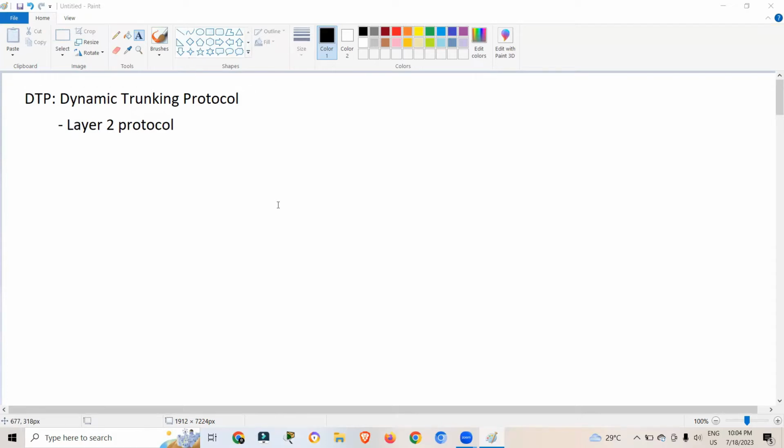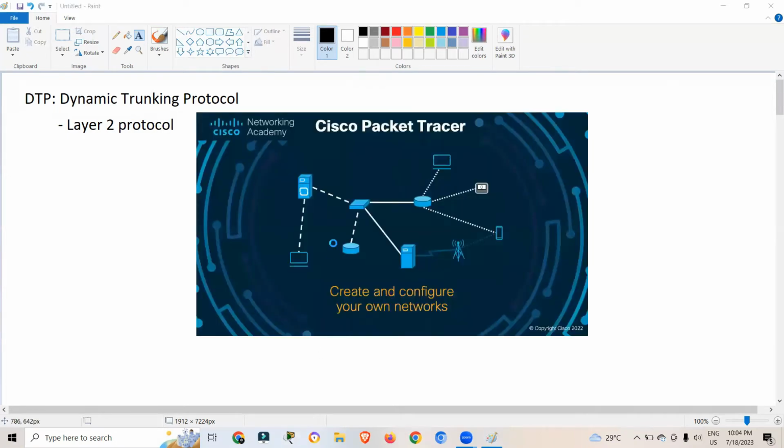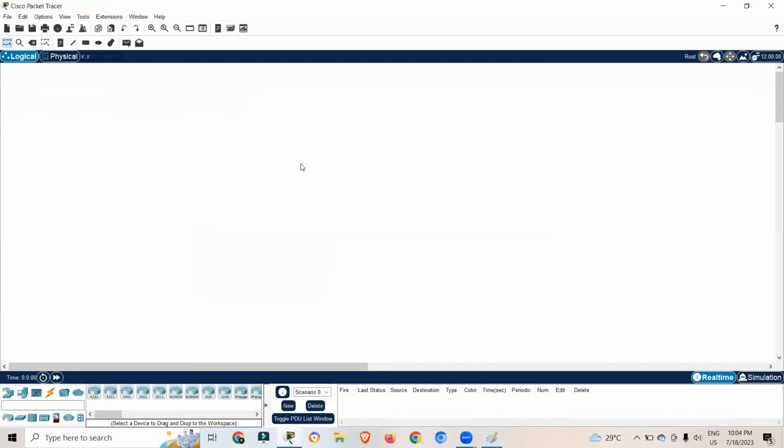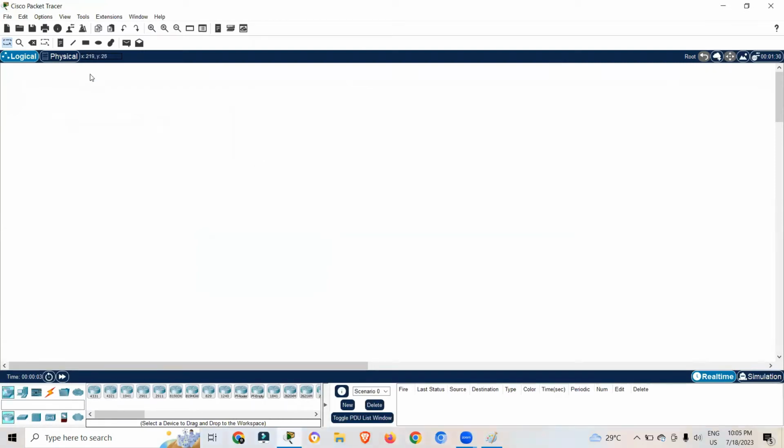Let us assume we have a scenario like this. Let me open my Packet Tracer. Thereafter, we will do our theory session. I will cover all the theory. Here I have switches like this. I have three switches.